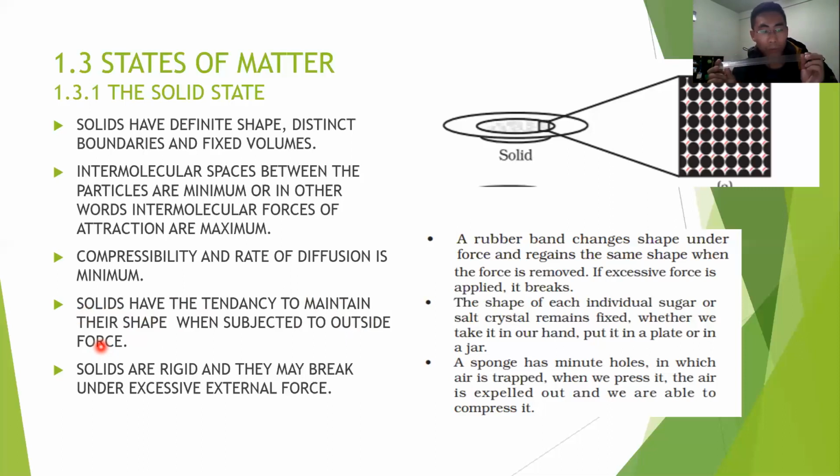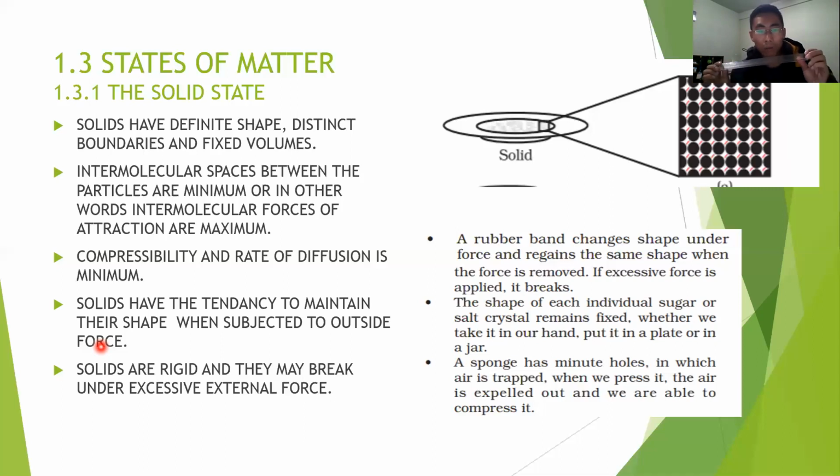Then solids are rigid and they may break under excessive external force. Now, when I'm bending this, that is applying external force, it bends. Now, if I apply more force on it, then at one point the scale will break. So that is what it means.